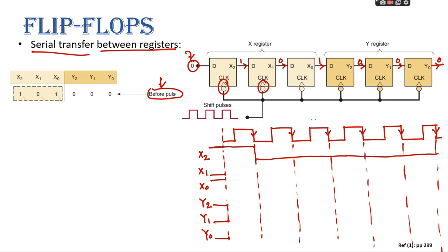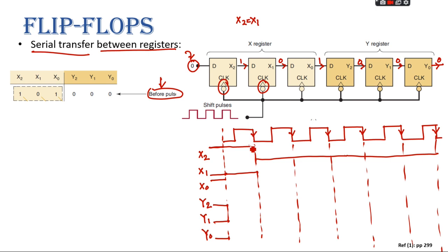So now x2 is the input for x1 and x1 will follow x2. Yes, sir. So if it is 0, it will remain 0 until it gets the first edge, right?